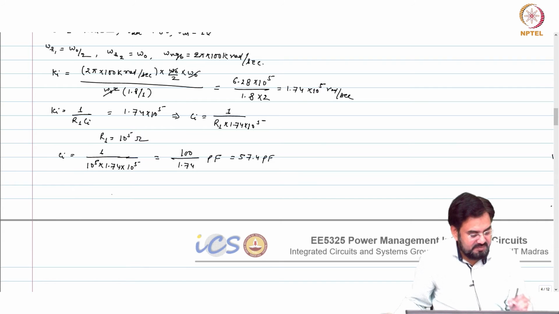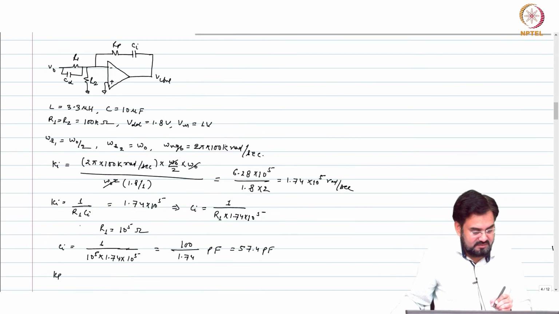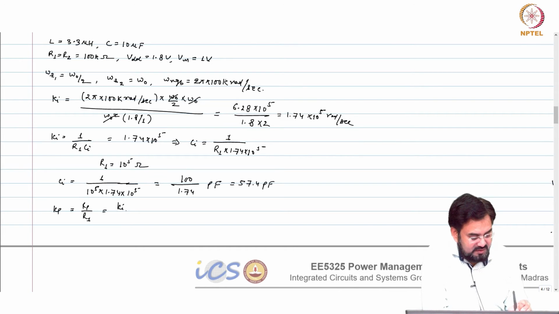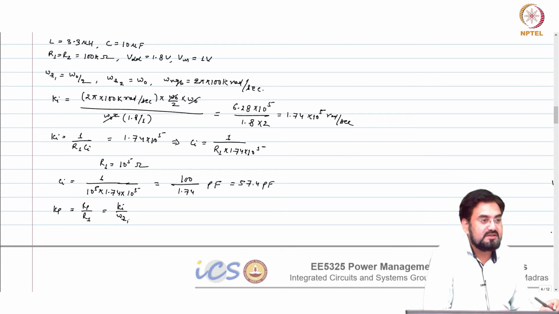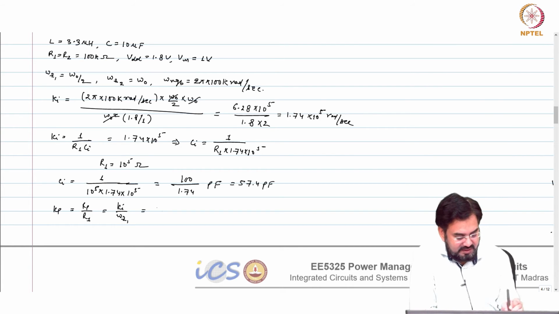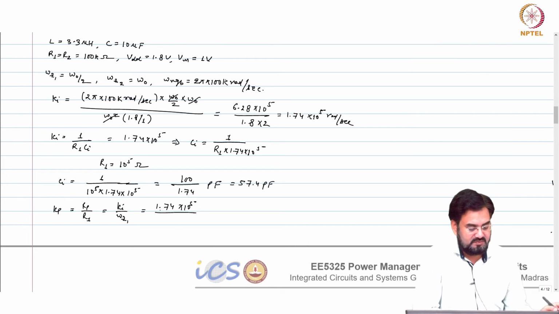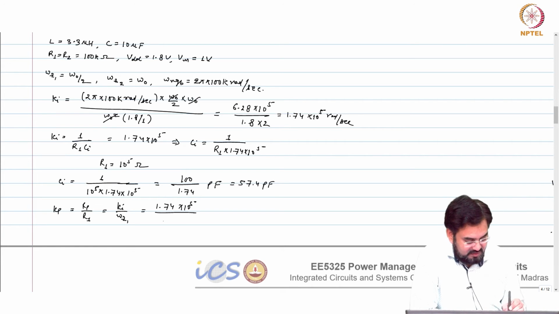Let me use a simpler way. So what is Kp? Kp equal to Rp by R. And Kp is Ki over omega Z1. Ki is 1.74 into 10 power 5 over, where is omega Z1? Omega naught by 2.